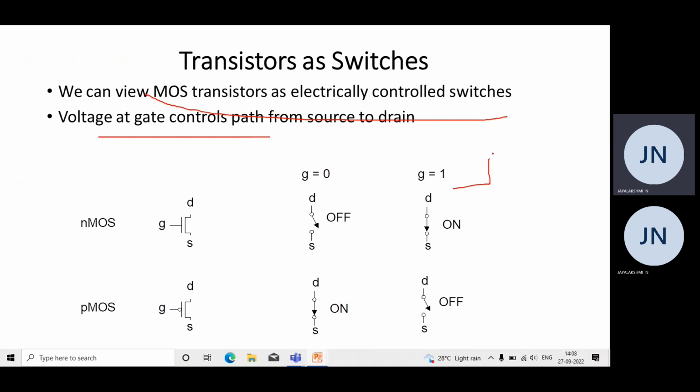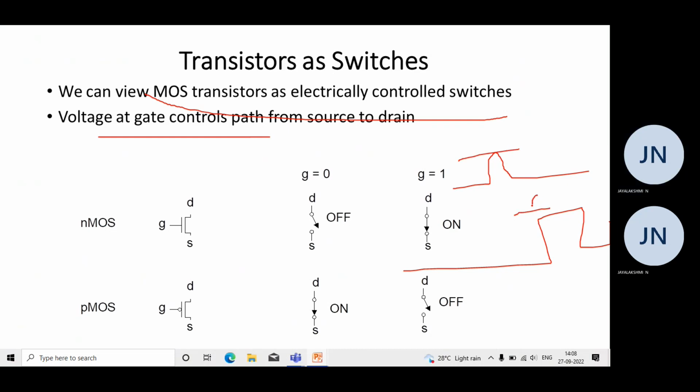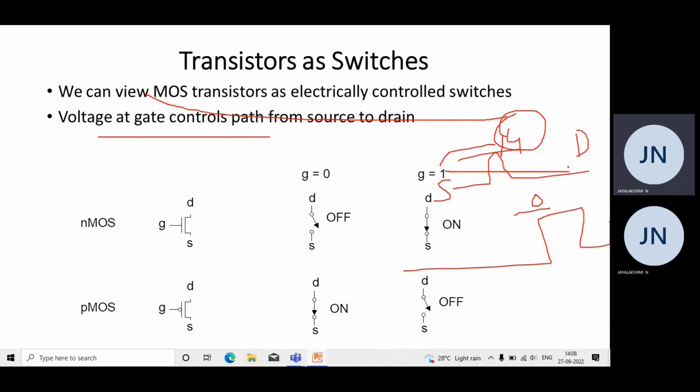Whether you consider an NMOS transistor or a PMOS transistor, the gate controls the current flowing between source and drain. The voltage applied at the gate controls the current flowing between source and drain.